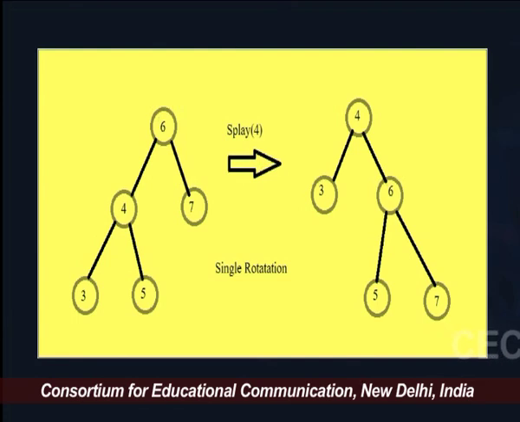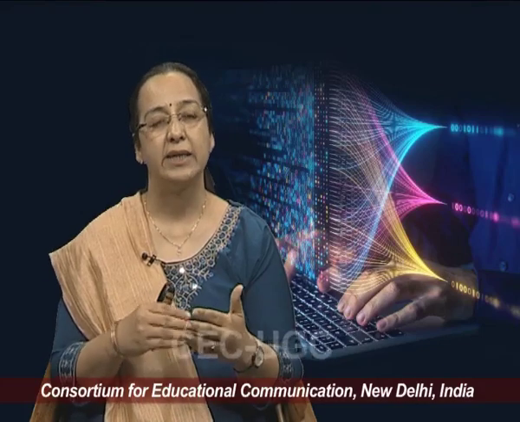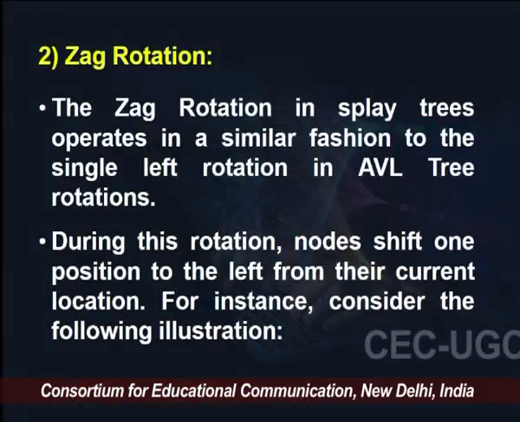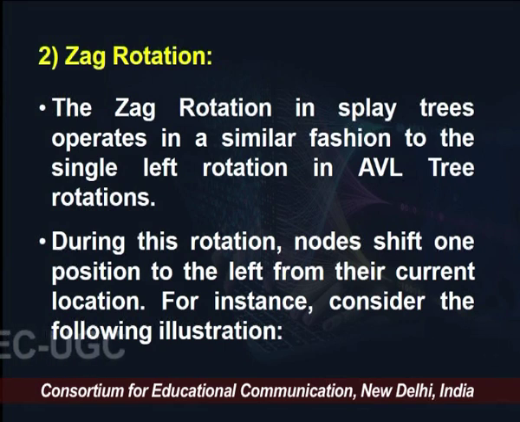Now I mentioned in the previous lecture that there are 6 kinds of rotation: zig, zag, zig-zag, zag-zig, zig-zig and zag-zag. First of all, let us understand the single rotations, and then we will look into the double rotations as well. The zag rotation in Splay trees operates in a similar fashion to the single left rotation in AVL trees.